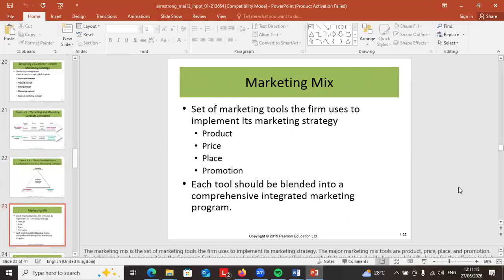Having discussed this, let's also consider the marketing mix. Of course, the marketing mix is the set of marketing tools the firm uses to actually implement its marketing strategy. So the marketing mix is not a marketing strategy on its own.